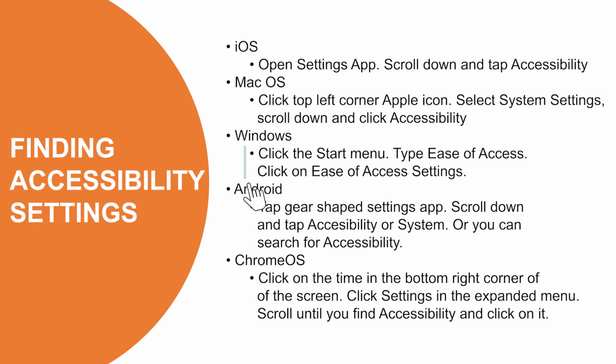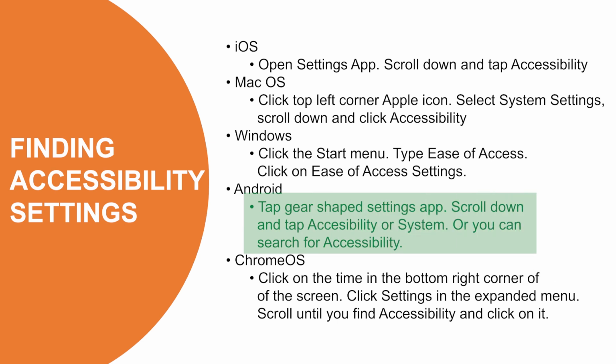In Windows, click the Start menu and type Ease of Access and click on the Ease of Access settings. On an Android device, tap the Gear Shape Settings app. Scroll down and tap Accessibility or System. Please note that Android devices can differ significantly based on their manufacturer. It may be easier to search for the term accessibility in the system settings.